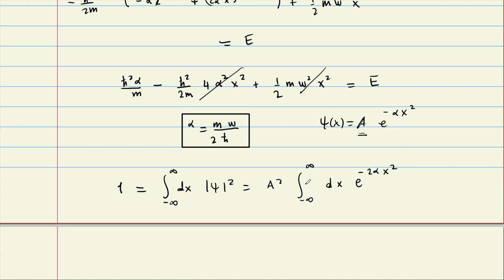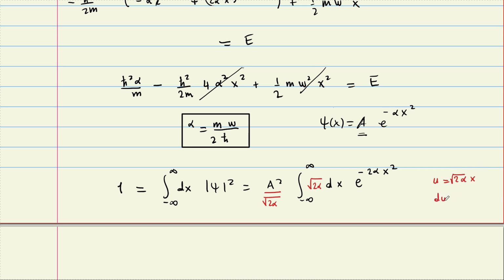So what I'll do is I'll plug in root 2 alpha here and divide by root 2 alpha here, and I'll call u squared equal to 2 alpha x squared, or u is going to be root 2 alpha x, right?